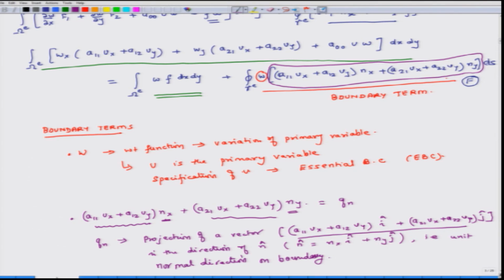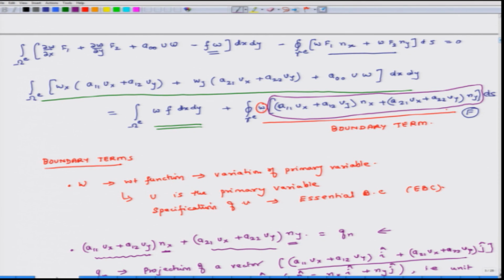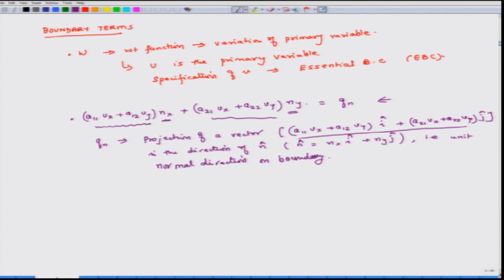So, when we are specifying the boundary term, either we specify u, and if u is known then w will be 0 because it represents the variation, or if u is not known then I have to specify this thing. The boundary term has two parts, w and this entire thing in purple. So, either we specify u or we specify this entire thing in purple.